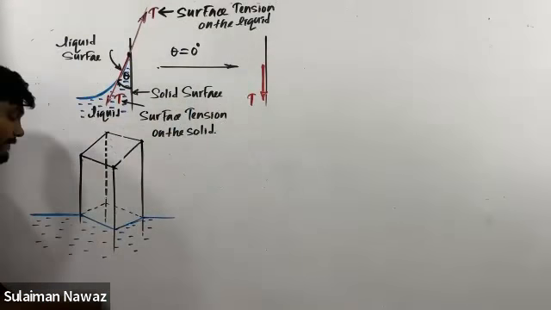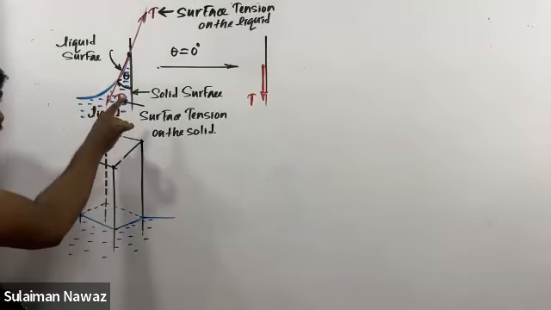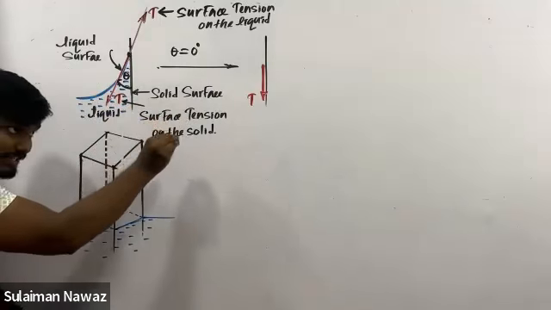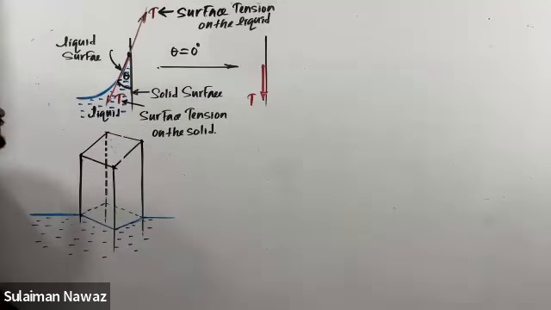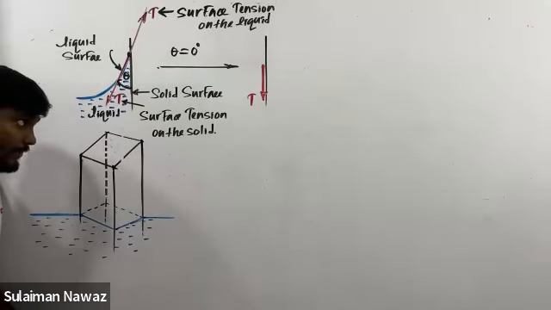Suppose this liquid has zero angle of contact. What is the direction of surface tension acting on the solid? Downward direction. Am I correct? If the angle of contact is zero, the direction of surface tension will be downward.